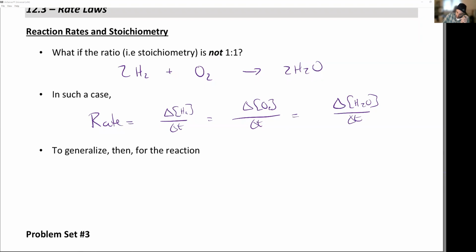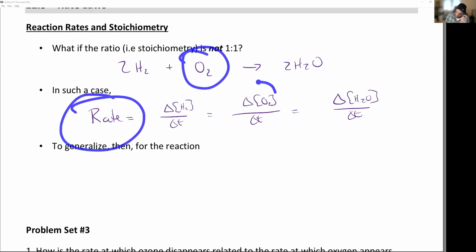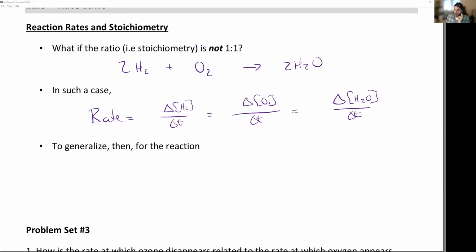So we're going to take a look at the oxygen one first. Rate is equal to change in oxygen over the change in time. Are we missing anything? Well, because we're losing oxygen, this has to be a negative sign out front. We always have negative signs for any of the reactants because we're losing those.